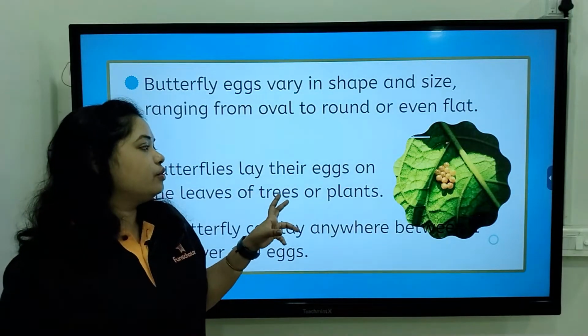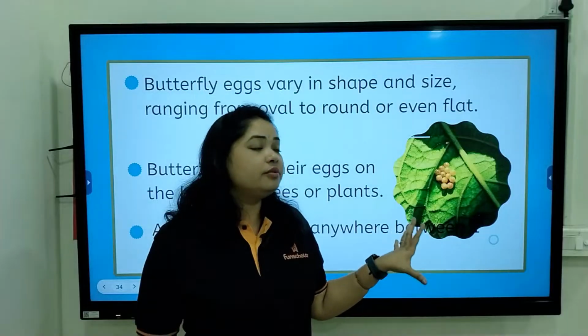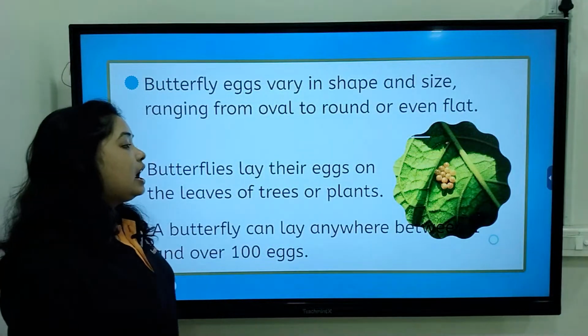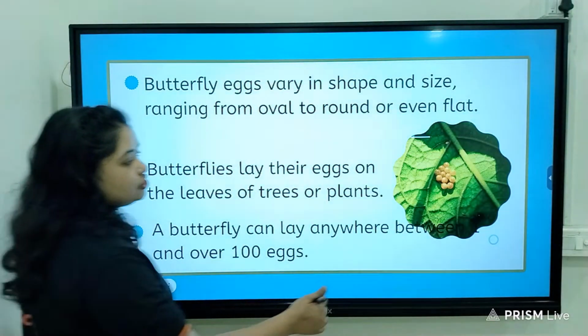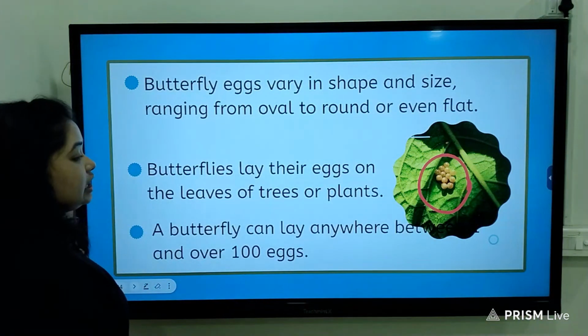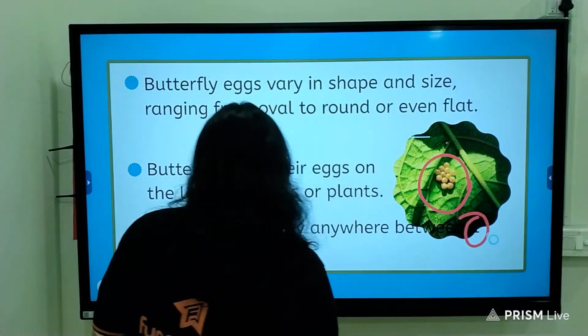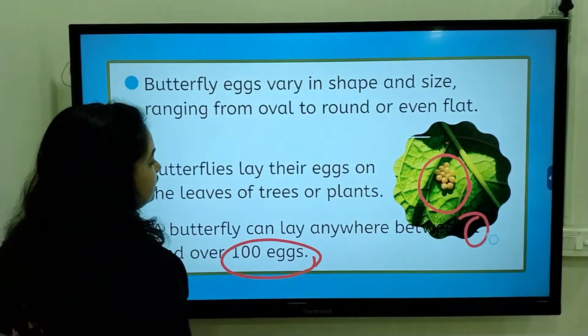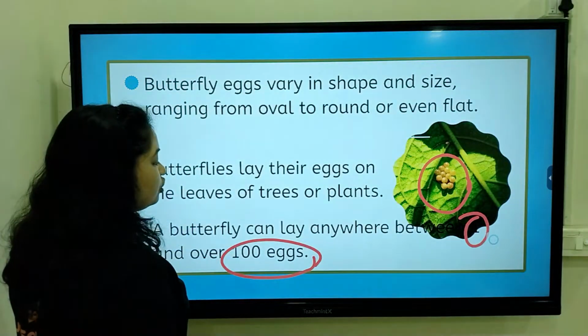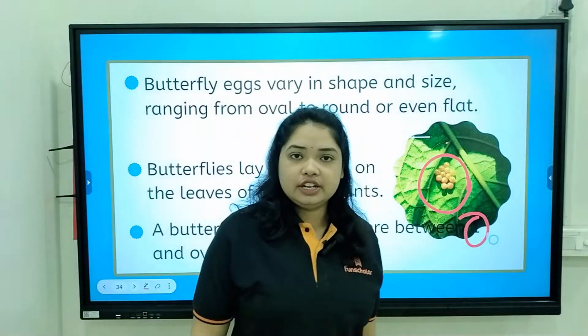So the eggs, when laid on the leaves, will remain protected. They are very tiny in structure. You can refer here. And also the number of eggs varies between 1 to over 100. This also has to do with the species of the butterfly that we are referring to.